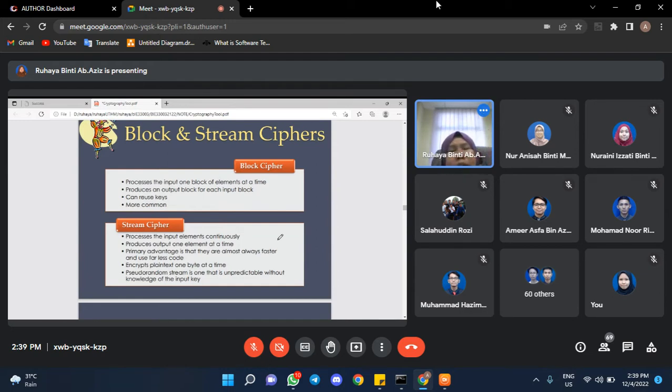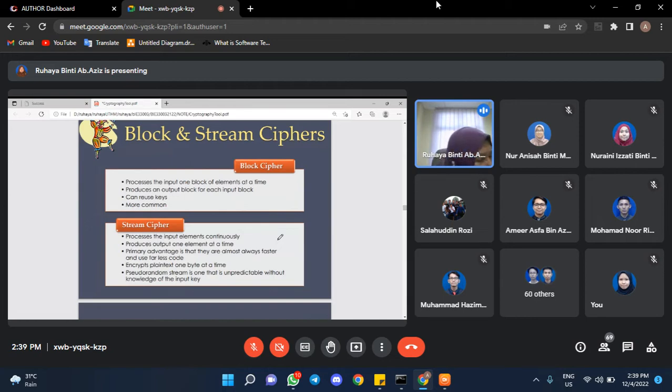But a stream cipher is faster, so if you want to browse, use a data communication channel or a web link in a browser, a stream cipher is better because it is faster.